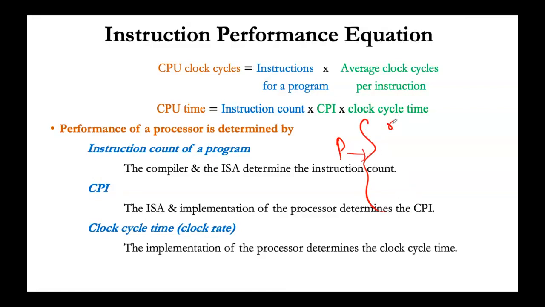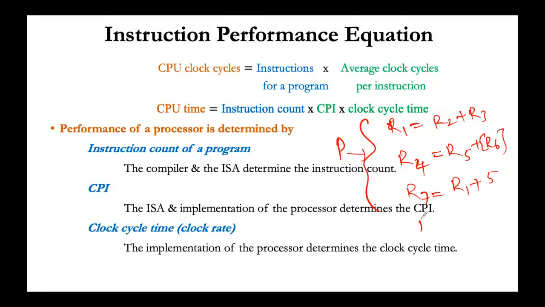Like one is a register instruction, you can write R1 = R2 + R3, and another one is R4 = R5 + Memory[R6], or you can write R7 = R1 + 5, and R8 = R1 + R2, in this storage, or a memory location will be there. So it may take 1 cycle.